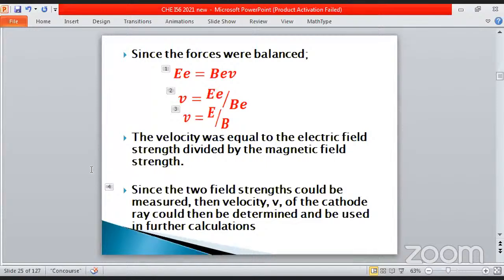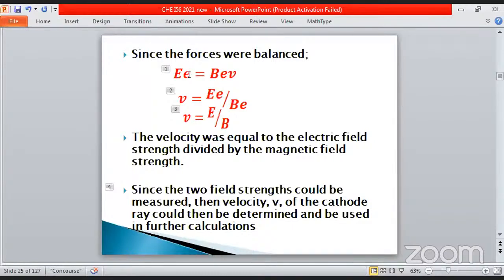Okay, and then we started with the calculation. In these calculations, we were trying to derive an equation that will give us our charge to mass ratio, where e, the small letter e, is the charge and m is the mass.